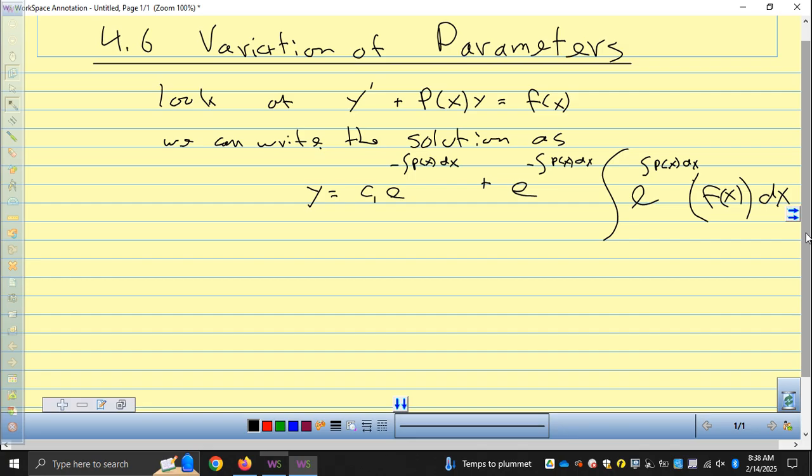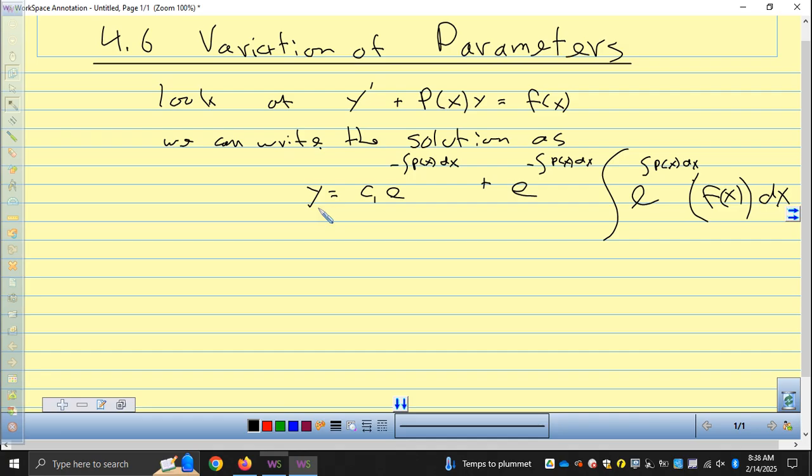You remember we ended up dividing both sides by e to the integral of p of x dx at the very end when we had our product on the left-hand side. I think this is essentially the formula that you showed me the other day.